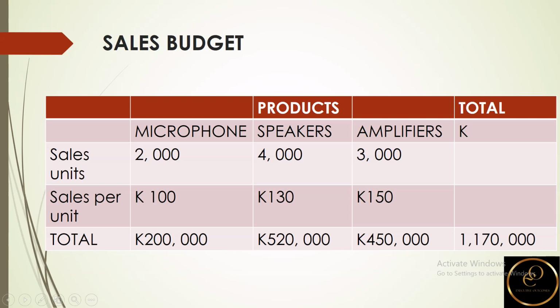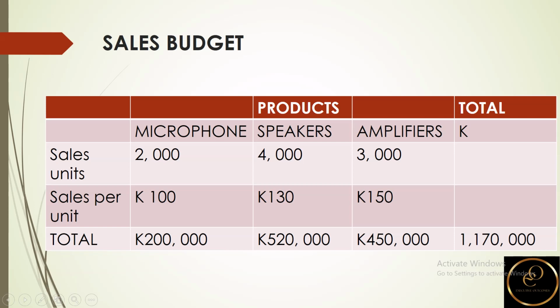Since we know the units, we just multiply. So 100 times 2,000 gives you the total 200,000. 130 Zambian kwacha by 4,000 units will get the total 520,000 Zambian kwacha. And for the amplifiers, we have 3,000 units multiplied by 150 kwacha per unit. That gives you 450,000 Zambian kwacha.